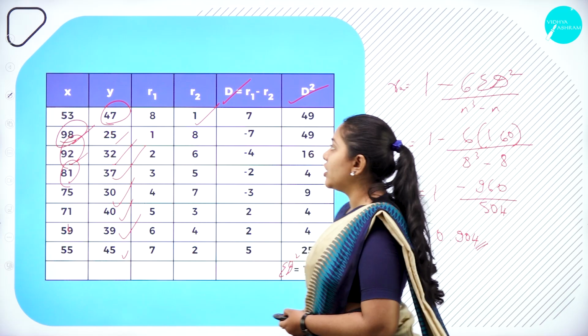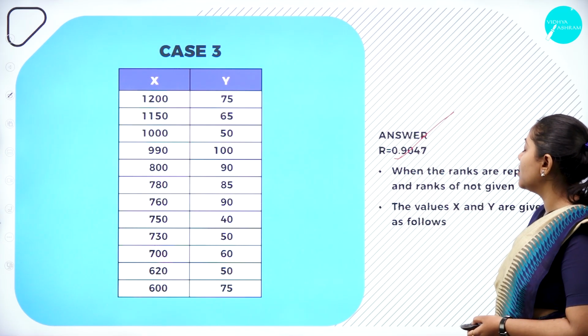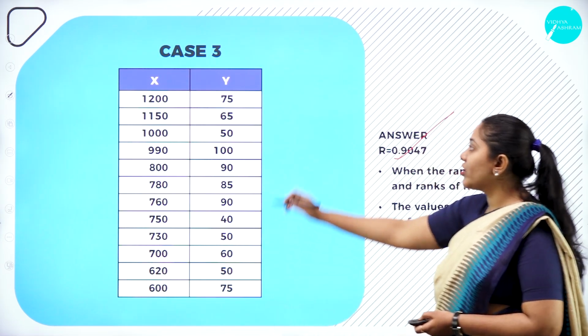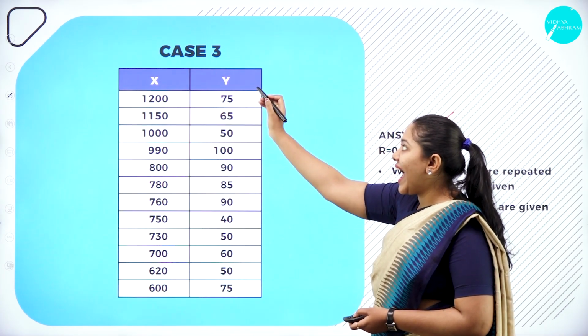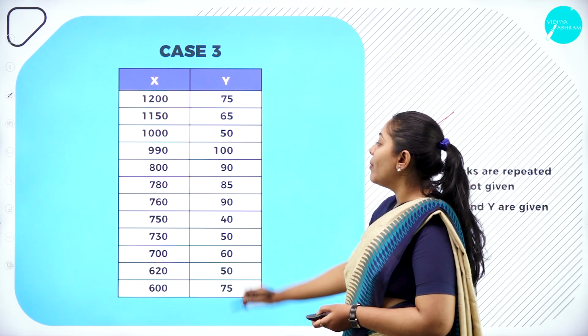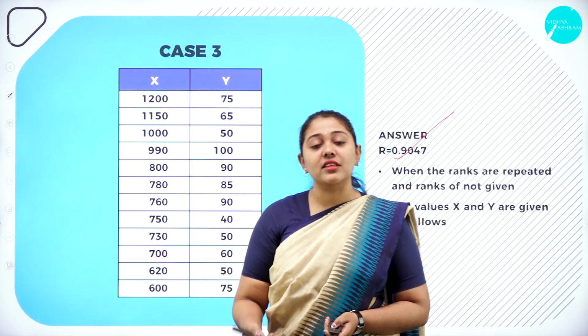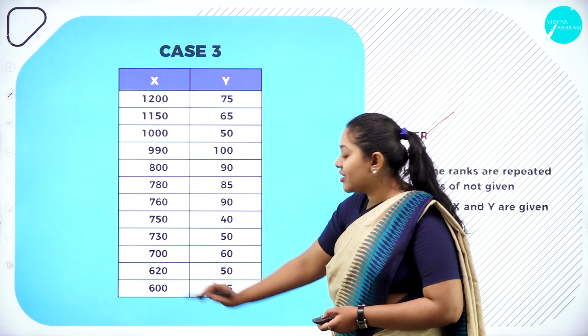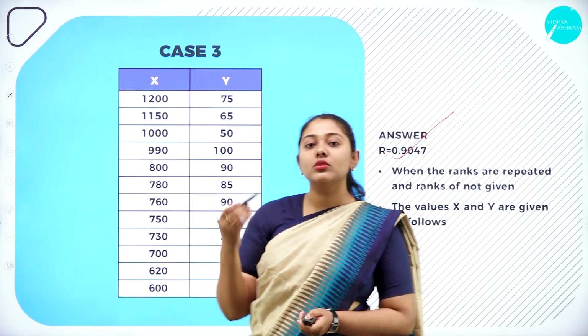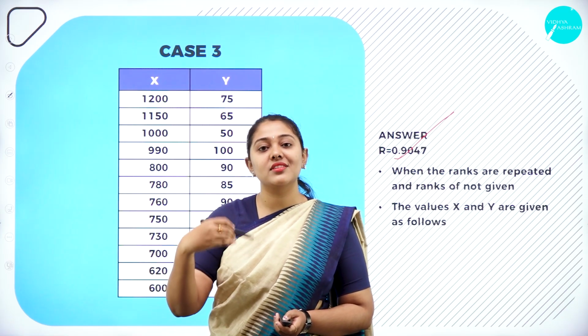So, moving forward, let us understand case 3. What is case 3? The series is given, X data and Y data is given, but here the ranks are repetitive in nature. In X, nothing is repetitive, so we assign the rank according to the highest value in the given data.